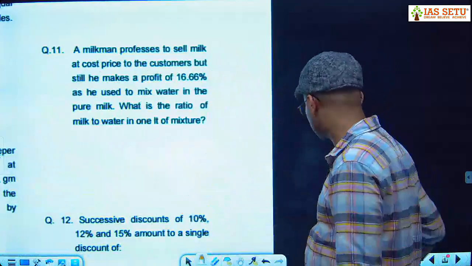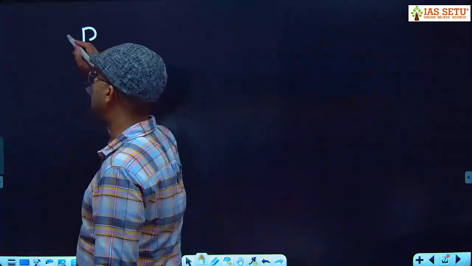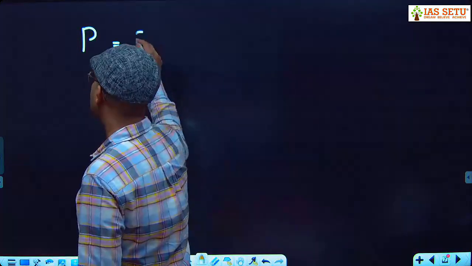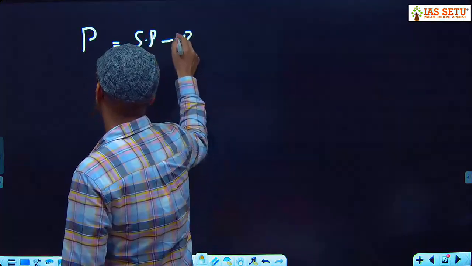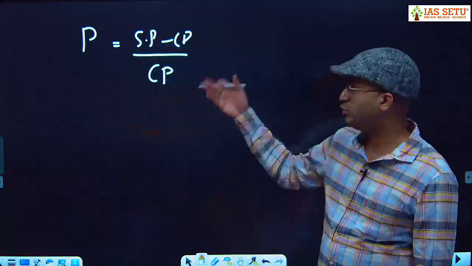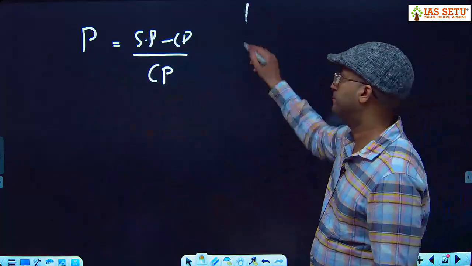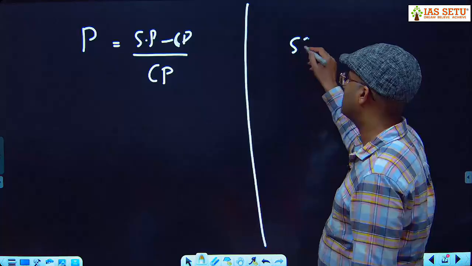I will take this question, but before that I tell you one more thing. Yesterday we have studied what is profit percentage, selling price minus cost price upon cost price into 100%. But tell me, what is selling price?